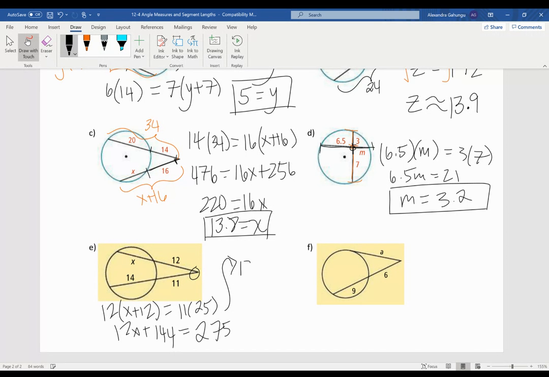So 12x equals 131. Might get a decimal. And we get 10.9 for x.